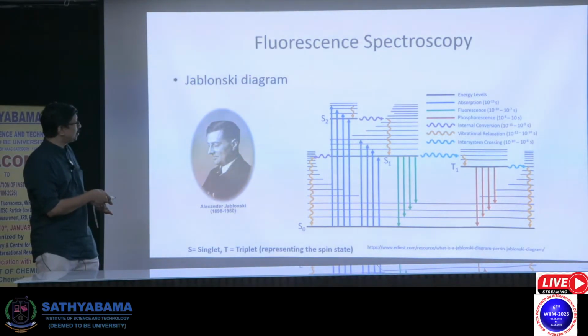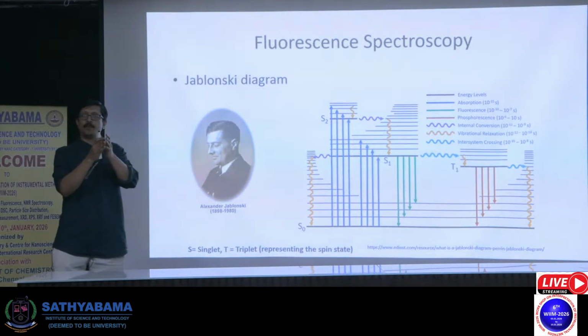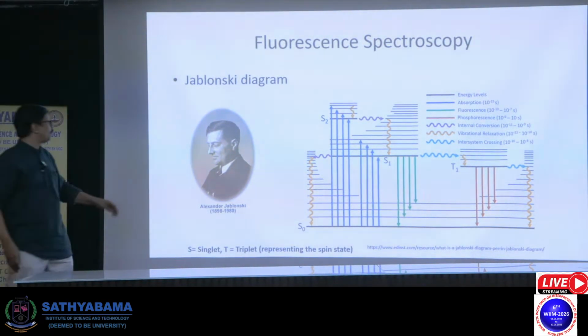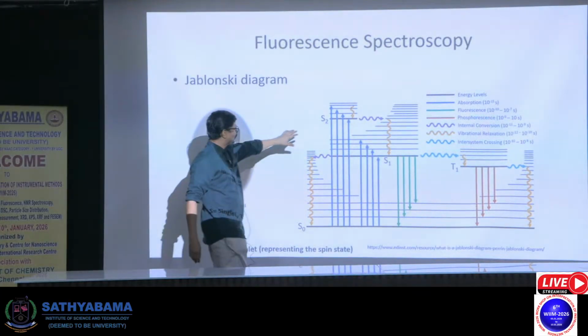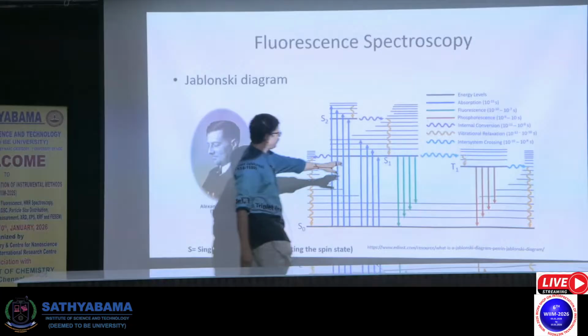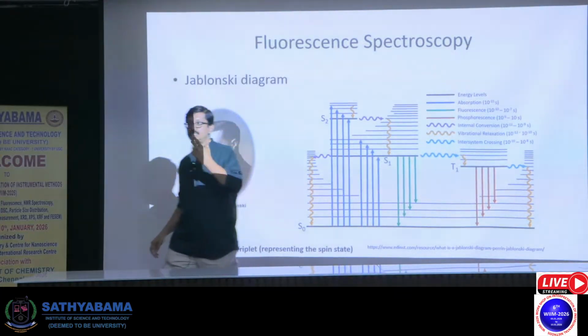In between, wherever you are seeing wavy lines, there are processes happening within the excited states. You can have energy loss in the form of going from S1 to T1. That's again called intersystem crossing.